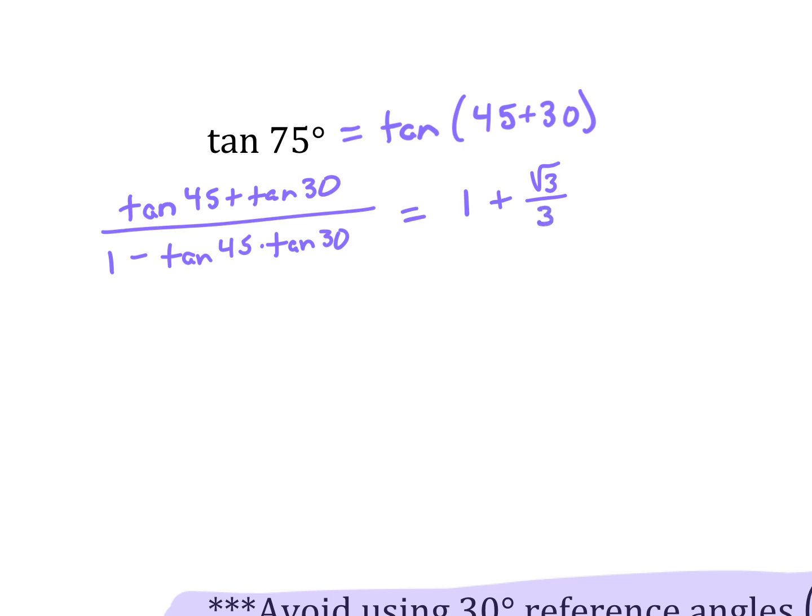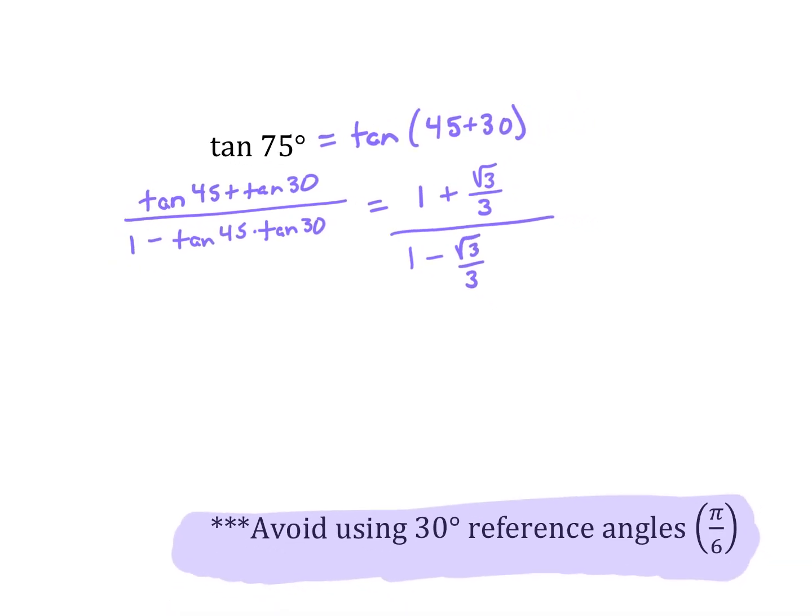So that's our numerator. And then we have 1 minus, and we have to multiply 1 times the square root of 3 over 3. So we still get this other square root of 3 over 3. So this is why you want to try to avoid the 30-degree reference angles. If you notice, we've got complex fractions there, right? Not very pretty. Okay, here's how we're going to deal with that, though.